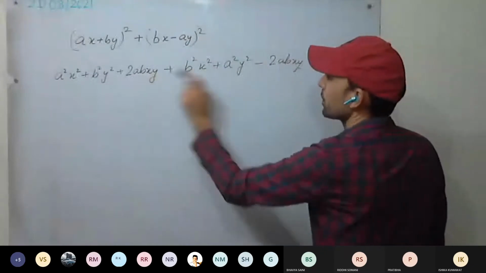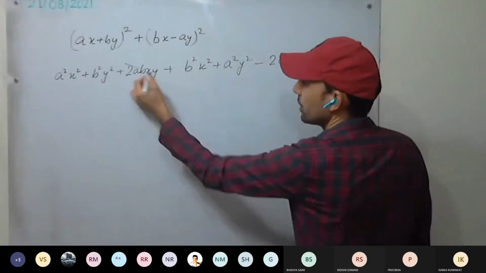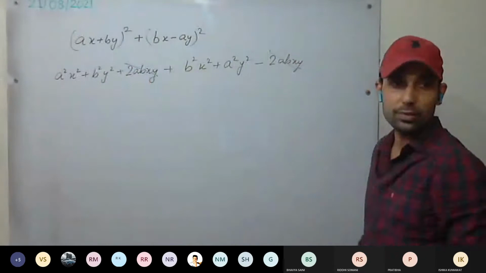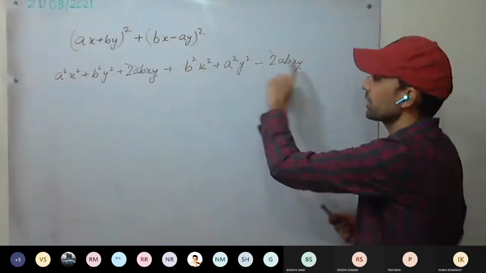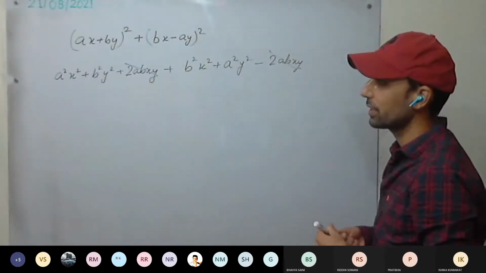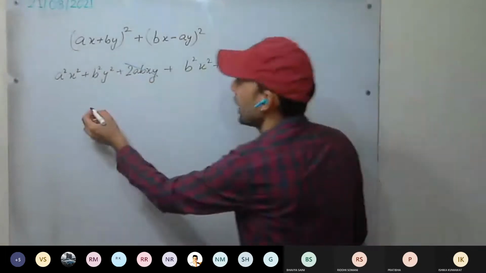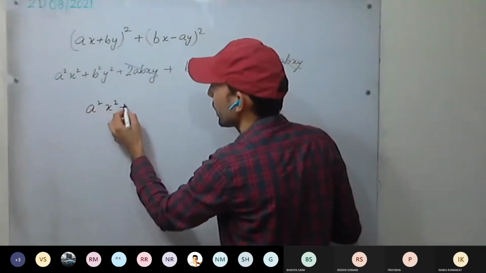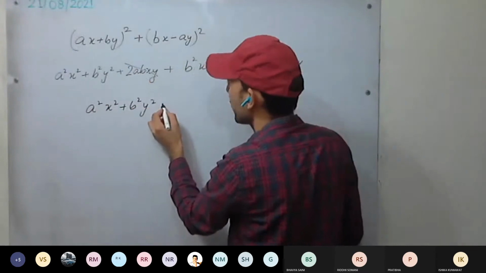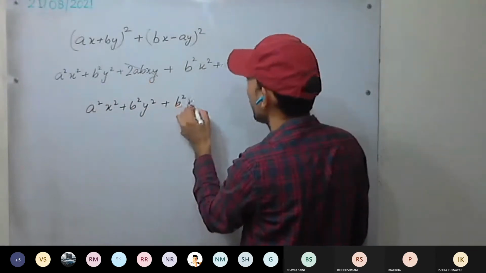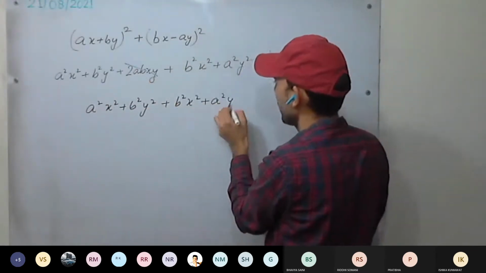This plus this, it will be 0. They are not cancelling, their sum is 0. So what are you getting? A square x square plus b square y square plus b square x square plus a square y square.